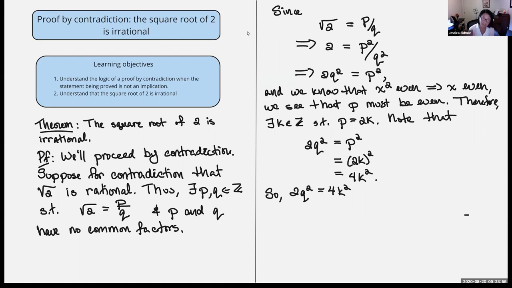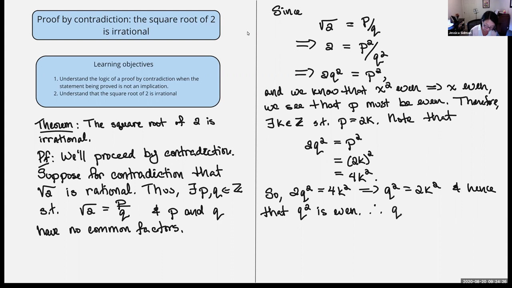And I can factor a 2 from both sides. So that implies that q squared is equal to 2k squared, and hence that q squared is even. So now we get to use the fact that we already used, that x squared even implies x even. If q squared is even, therefore q must be even.